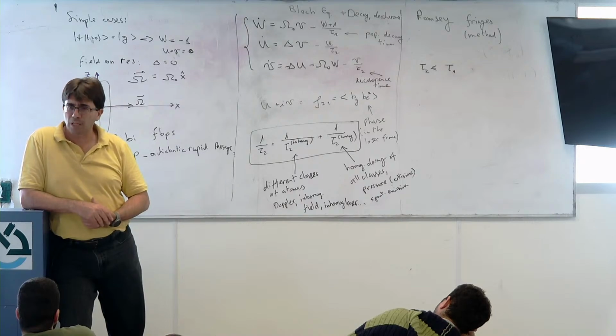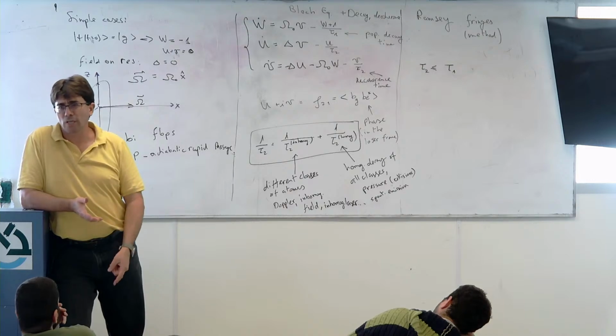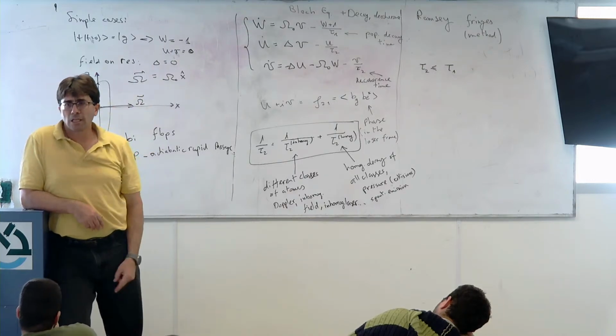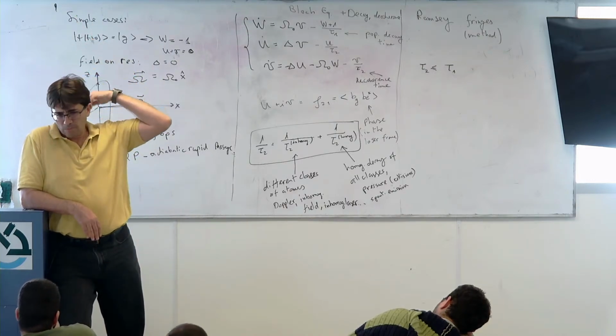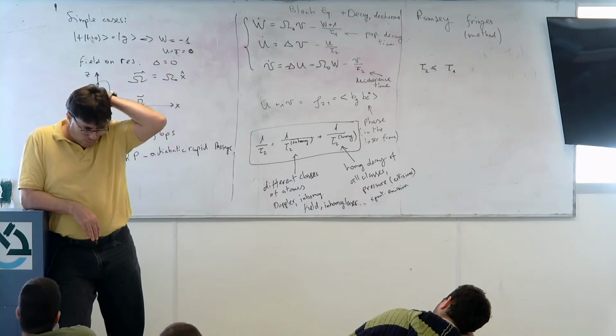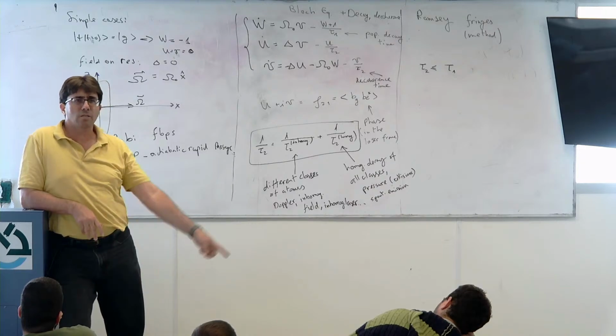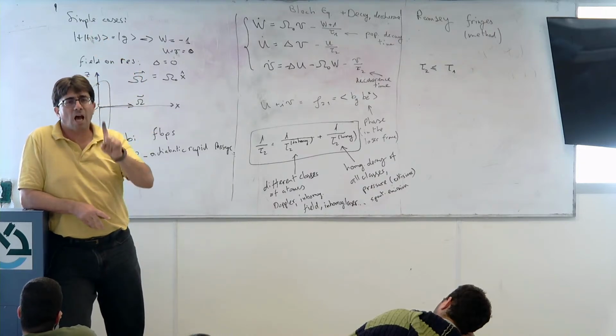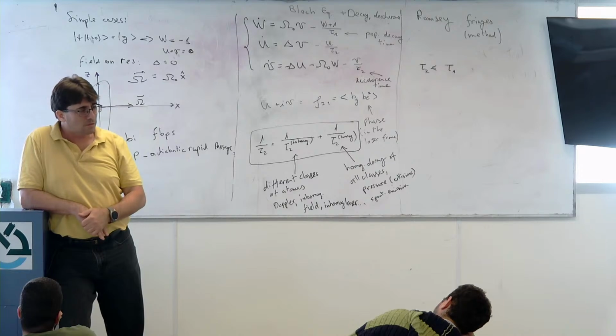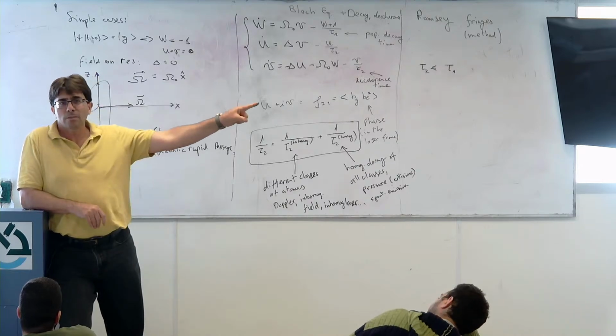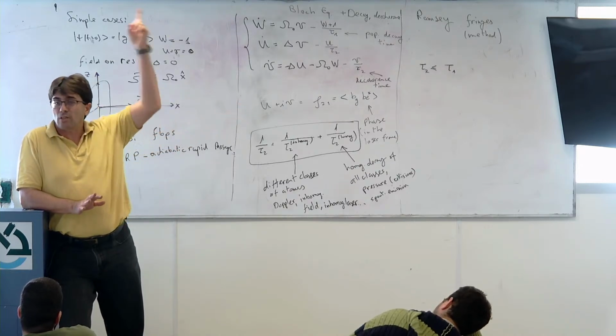Why is that a pi pulse? Because a full rotation is 2 pi, and half a rotation is pi. Okay, so I can give a pi pulse or a Rabi pulse, and I can bring the population up. And Rabi said, no, you can do that in 2 stages. We can go half pi, wait, and then do another half.